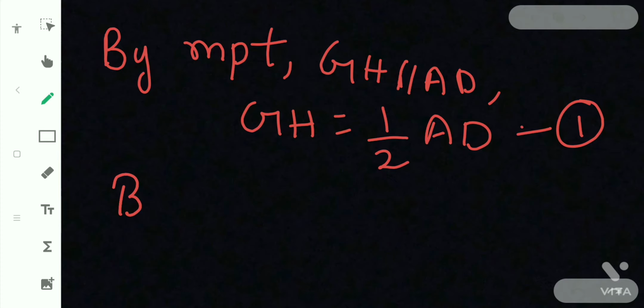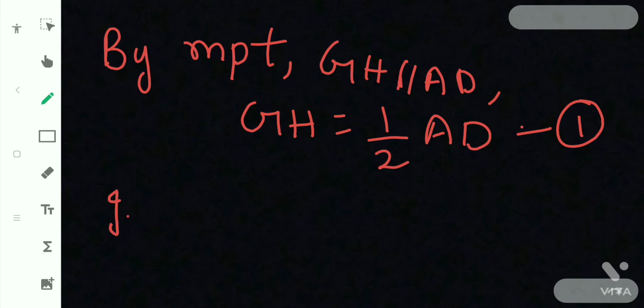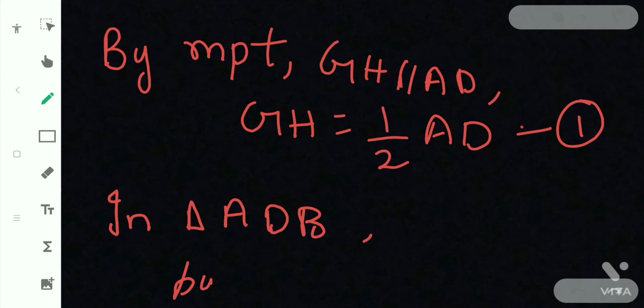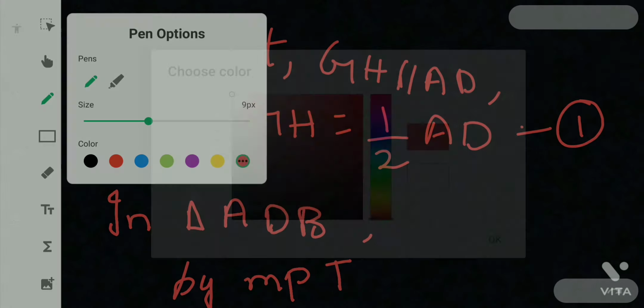Again, in triangle ADB, by the midpoint theorem, EF is equal to half of AD, because by the midpoint theorem it will be parallel as well as equal to half of the other side.